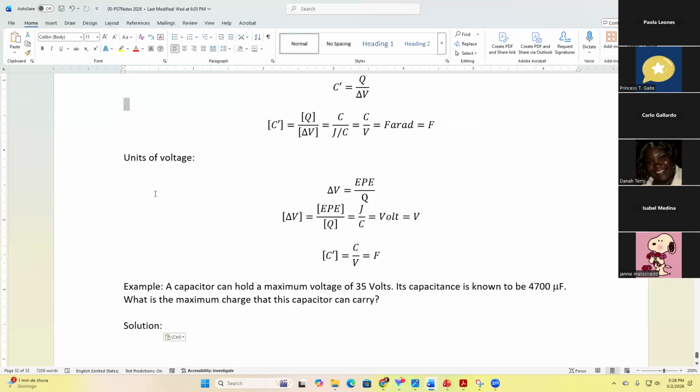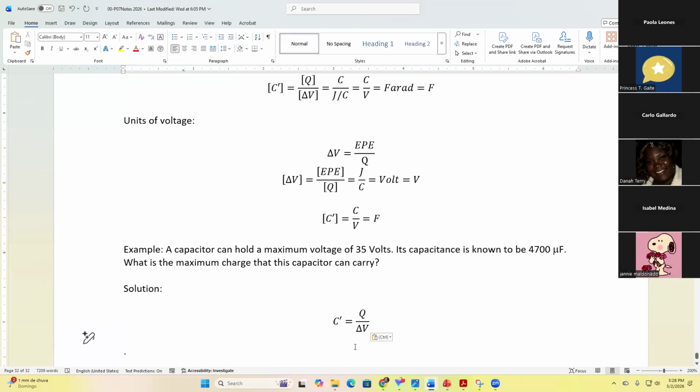Let's take a look here at this definition of capacitance.